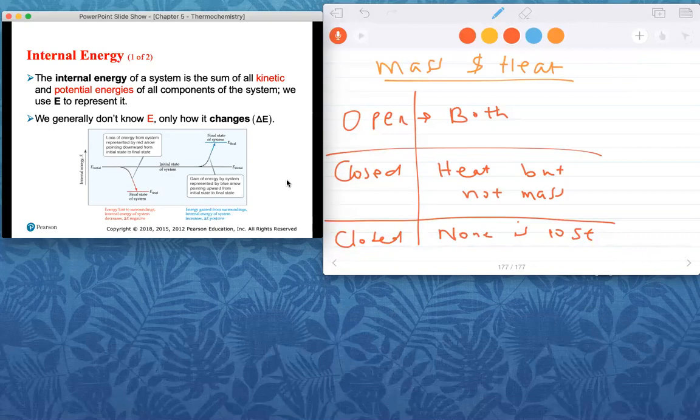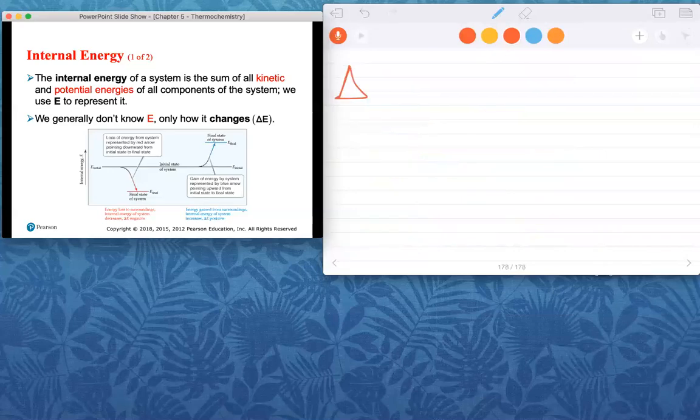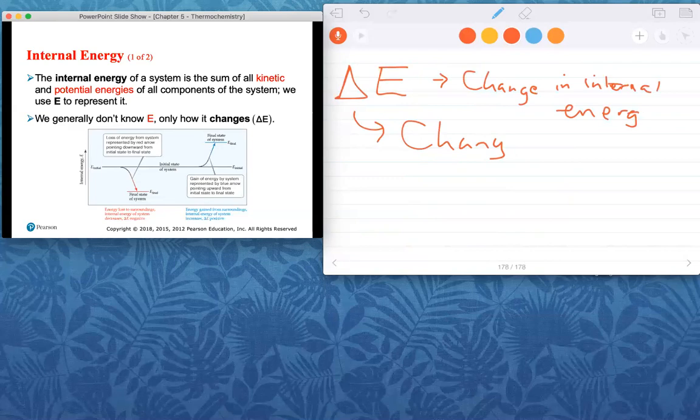So we use E, and we can only measure delta E. Delta means change. And we read this as change in internal energy.